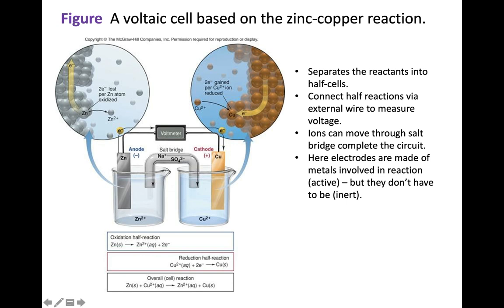We could have an inert metal there, say a platinum electrode, or a graphite rod would be another inert electrode that is typically used. So not all oxidation reduction reactions have to involve the metal that's being used. We can imagine situations where the metal is not being used up in the reaction.